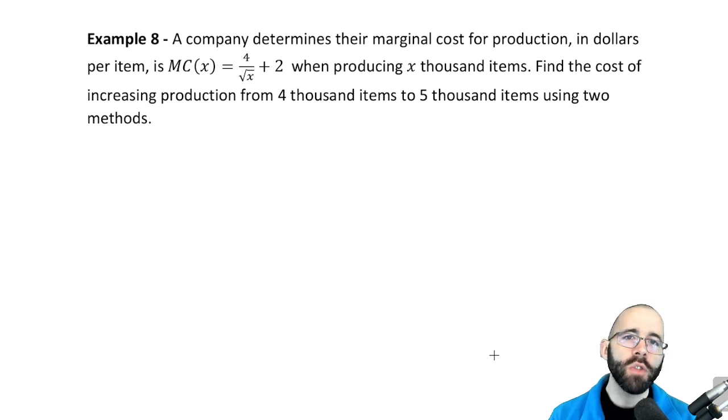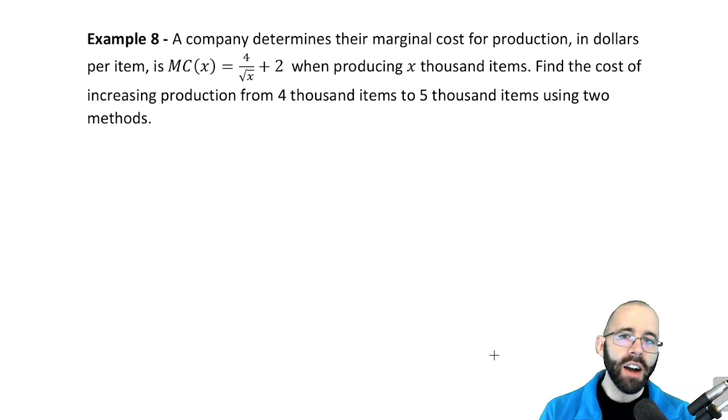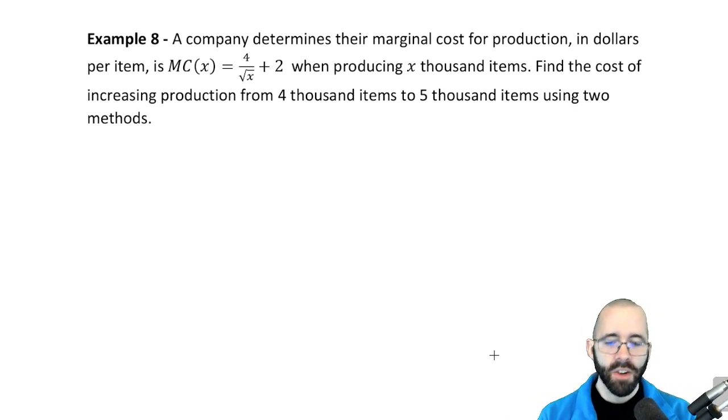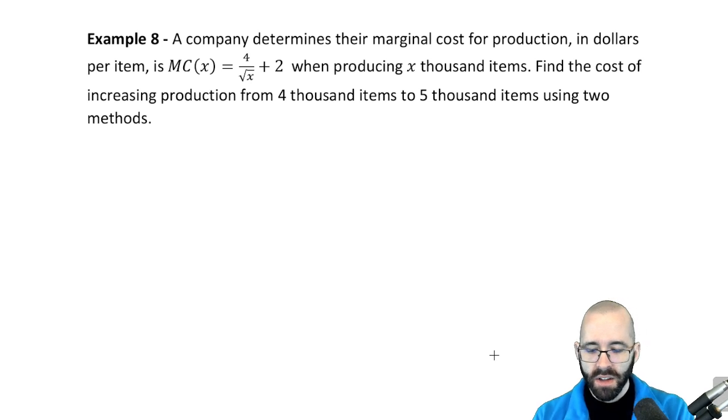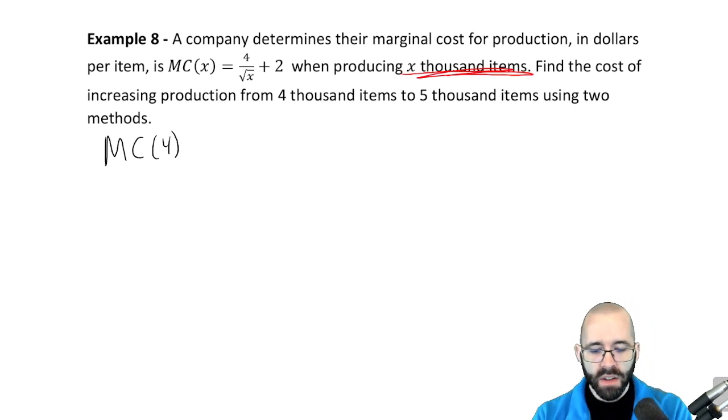So remember that the definition of marginal cost is that marginal cost is the cost of the next item at your current level of production. So the marginal cost of 4 gives you the cost of the next item. But here's a little weird in this problem.